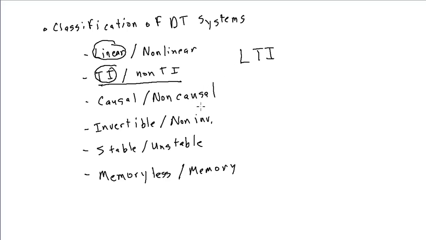These other characterizations will apply, and we'll want to be able to determine if a discrete time system is causal or non-causal or stable, unstable, etc. But the solution techniques we'll look at will work for any of these characterizations, but the systems have to be both linear and time invariant, at least to be able to calculate the output using convolution.